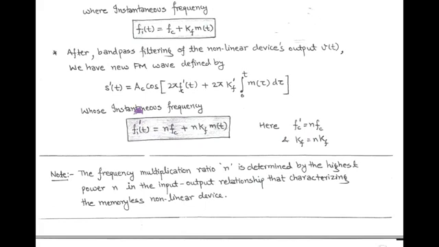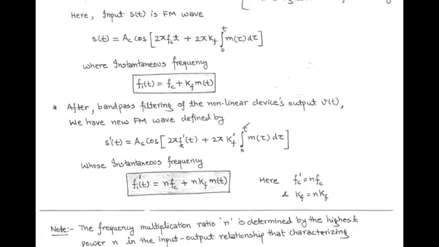Accordingly, the instantaneous frequency of the wideband FM is fi', which equals n times fc plus n times kf times m(t). Here n is called the frequency multiplication ratio, which is determined by the highest power in the input-output relationship, which represents the memoryless nonlinear device.